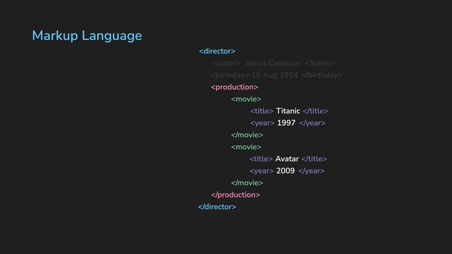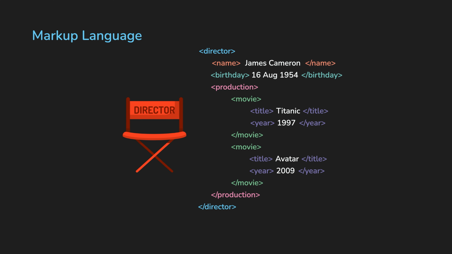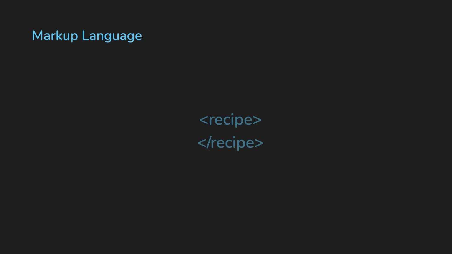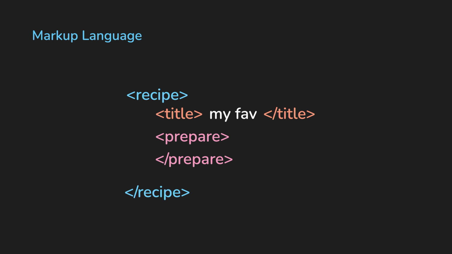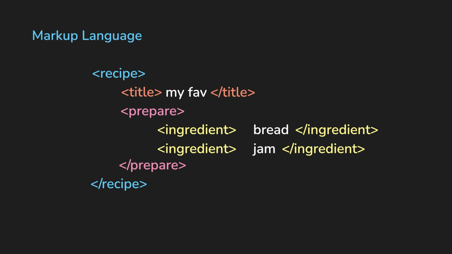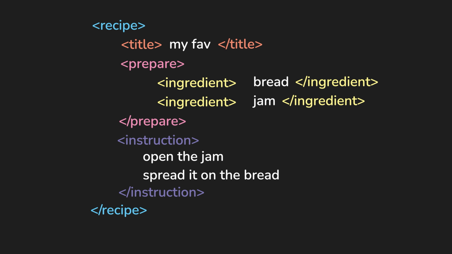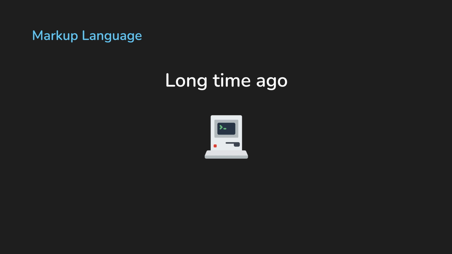But of course, he directed way more movies than that. So this would be an example of a markup that describes a director. You can come up with your own tags and use them to describe something else. For example, if you want to describe a recipe, you would make customized tags like prepare, ingredients, or instruction. This style of code is called a markup language.